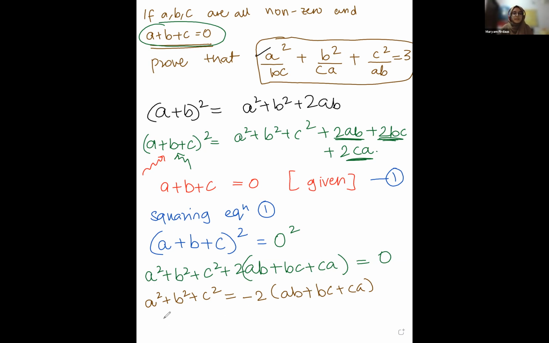So now what can we do? Any ideas? Let's do one thing. Let's divide the whole equation by ABC. Okay, let's divide it. You divide it and tell me what we will come up with. Like what will we have?